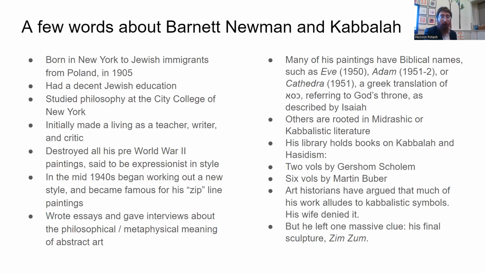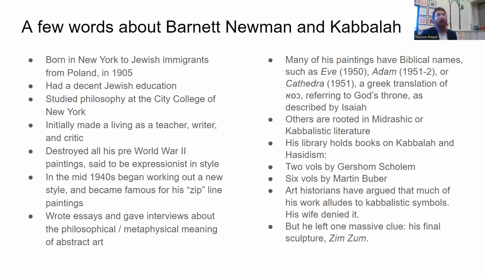One other point which we should mention is that he often referenced biblical phrases or Kabbalistic phrases in titling his works. So critics knew that he's engaging with Jewish sources and he's engaging with Kabbalah, but they didn't know what to make of it, right?